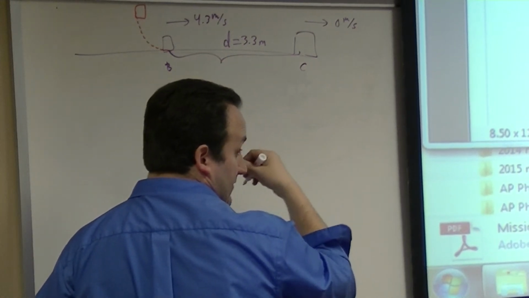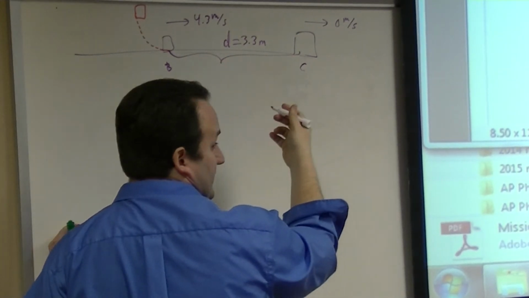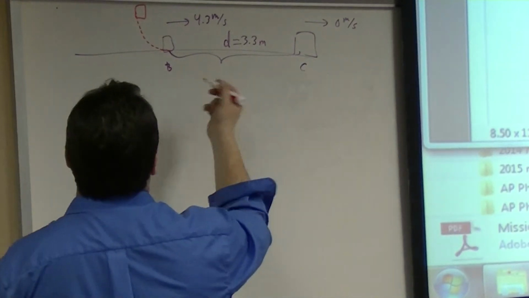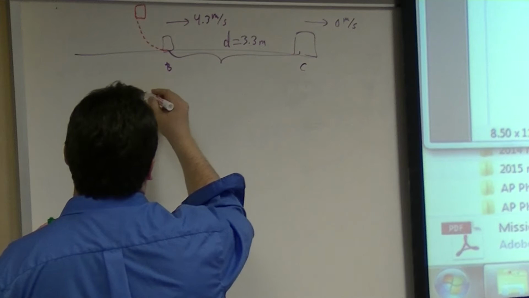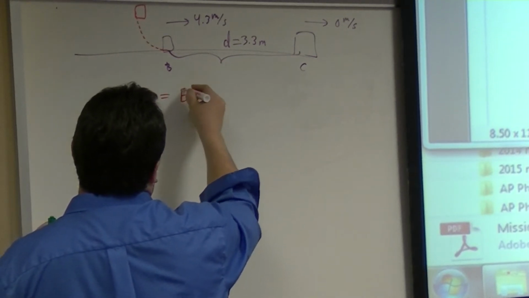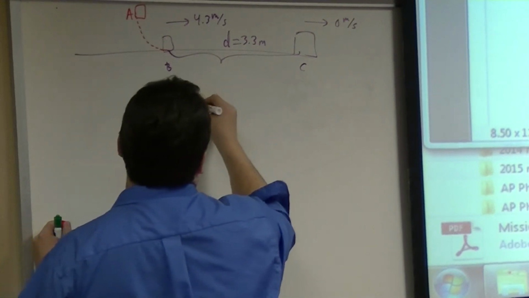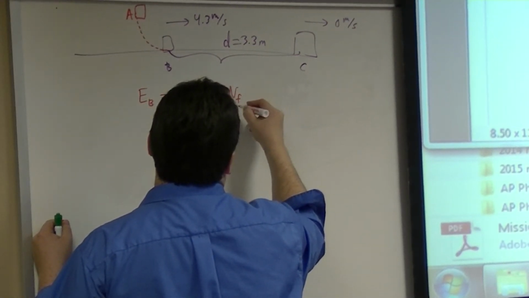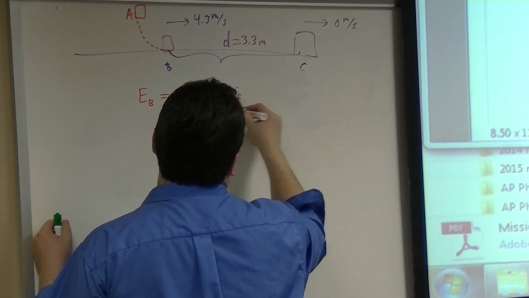So whatever energy you lost must be due to friction. More to the point here, the energy at B is equal to the energy at A plus the work done by friction, going from A to B, right?